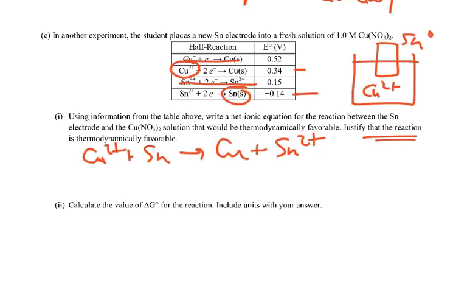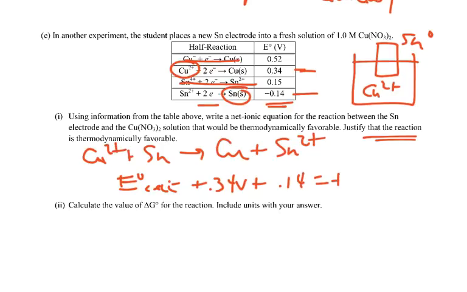Now, how would I know that the reaction would be favorable? Well, I could use my E0 value, my cell value, and that would be a good way to do it. So what have I got? I've got positive 0.34 for my reduction potential. And because I had to switch this around backwards, I can change that to positive 0.14.